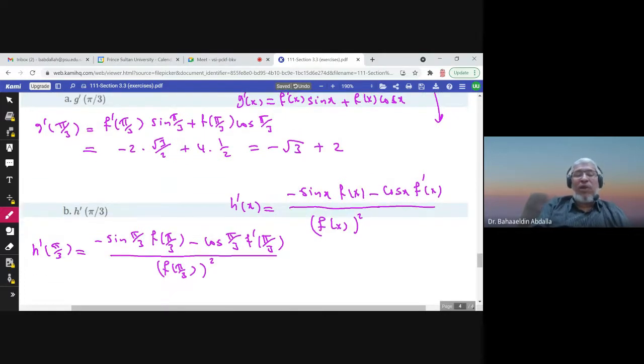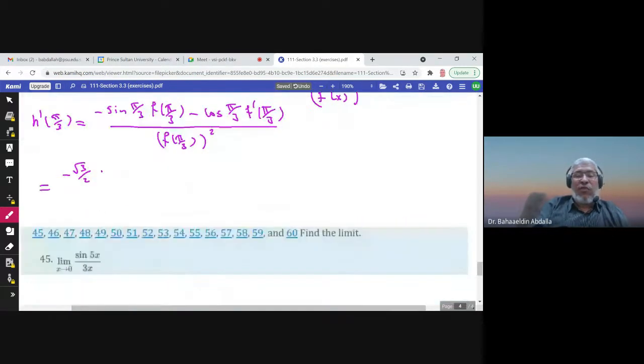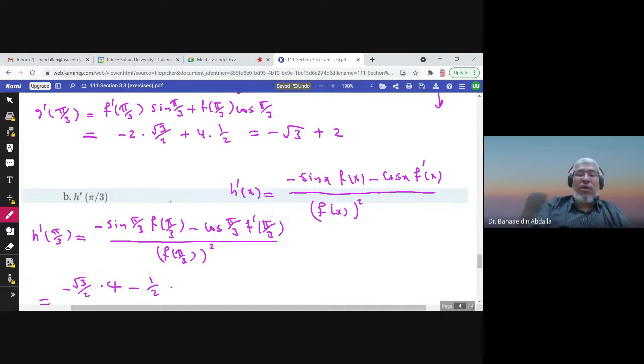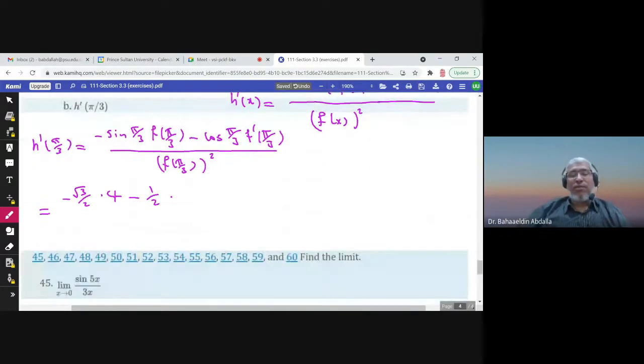Well, sine pi over 3 is square root of 3 over 2. f of pi over 3 is 4. Cosine pi over 3 is half. f prime of pi over 3 is negative 2. f of pi over 3 is 4.